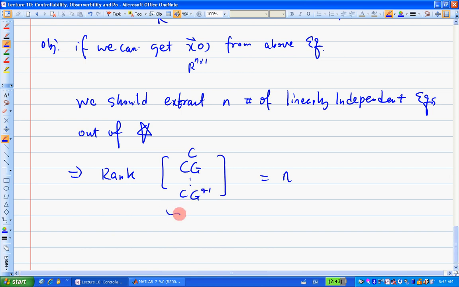Now, this matrix right here is called the observability matrix.